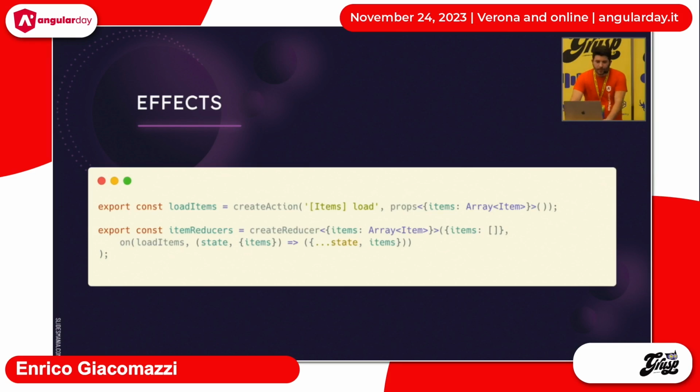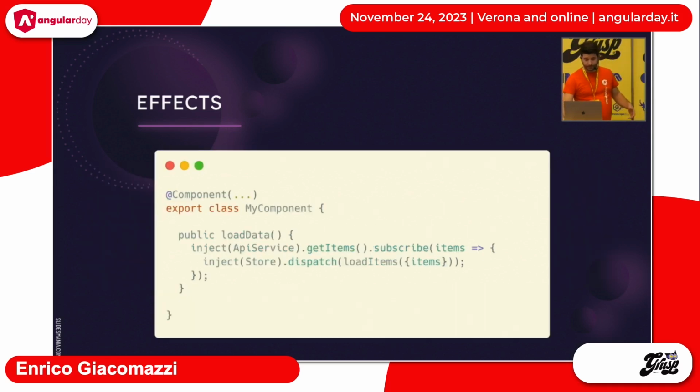For example, I have an action that I use to load some items, an array of items, inside my store. The reducer listens for this action, and when it's dispatched, puts those items inside my store.